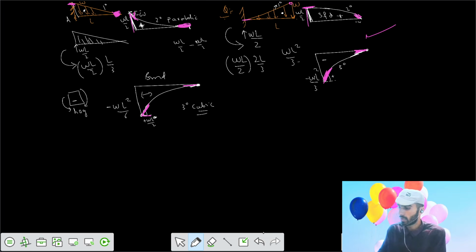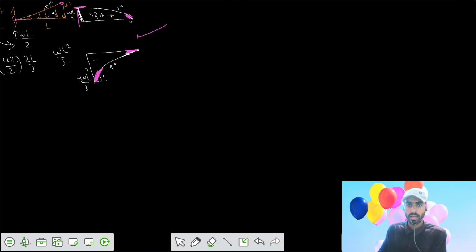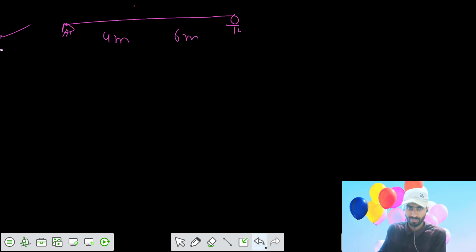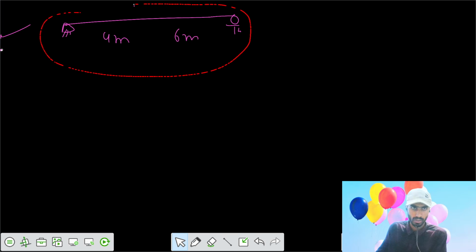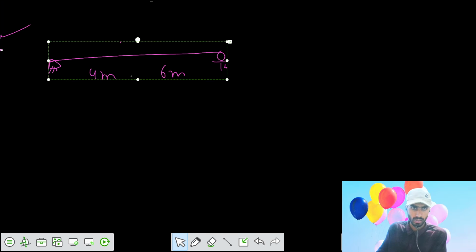Okay, we have one more problem now. Say this one, 4 meter, 6 meter. Let's shift it downwards. Say you have a bar, or we can say plates.